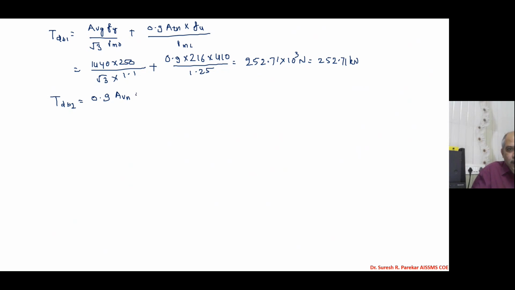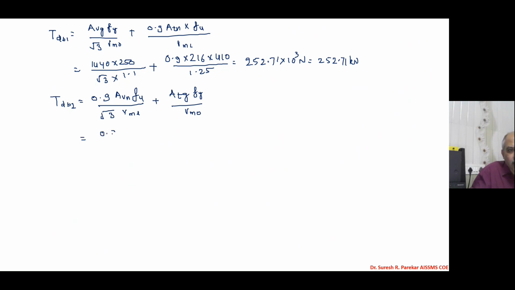into FU upon root 3 gamma ML plus ATG FY upon gamma M. And then we will substitute values in this.